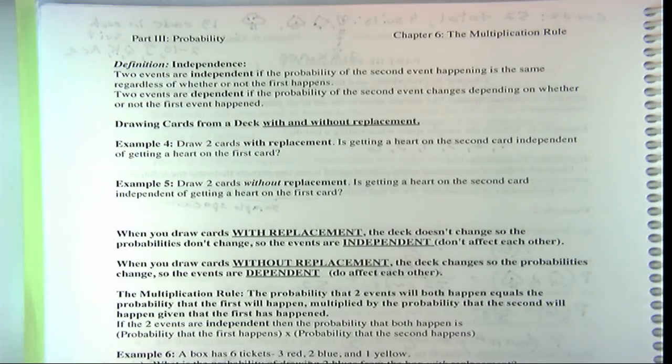It means that what you get on one draw doesn't affect what you get on another draw. For example, if you roll a die, what you get on the second roll is independent of anything you got before. The die has no memory, and just because you got a 1 the first time doesn't influence at all what you're going to get the second time.